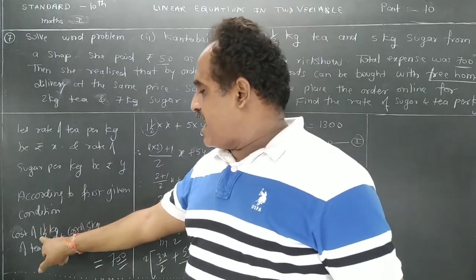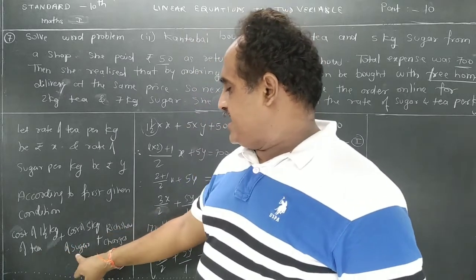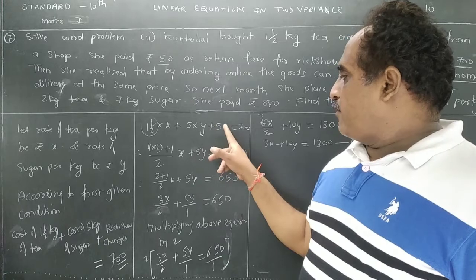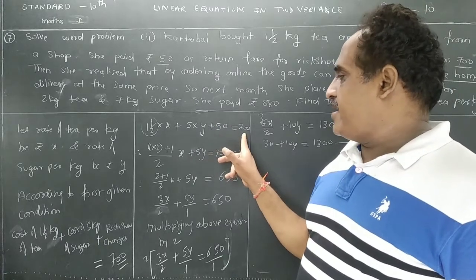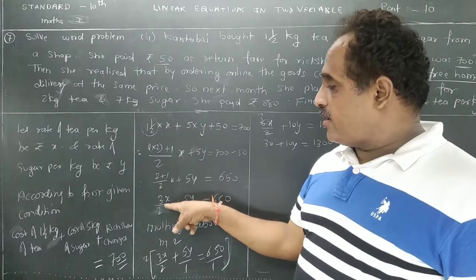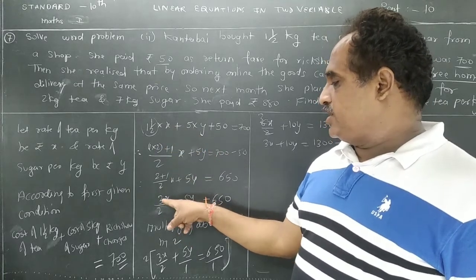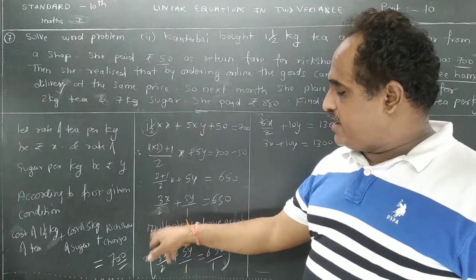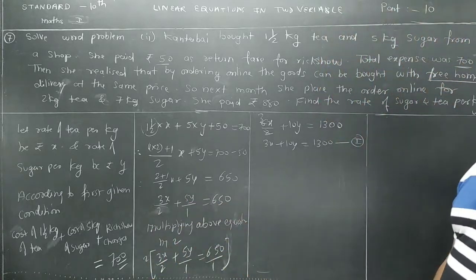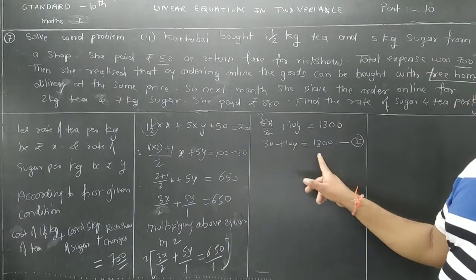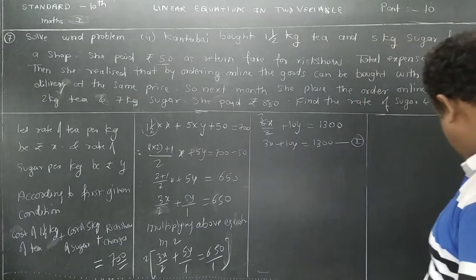But we bought 1.5 kg of tea plus 5 kg of sugar, so 1.5 into x plus 5 into y plus 50 rupees rickshaw charges is equal to 700. You have to understand this. The mixed fraction becomes a simple fraction, so 3x by 2 plus 5y. Then to remove this denominator, I multiply every term by 2 and I got this equation: 3x plus 10y is equal to 1300.